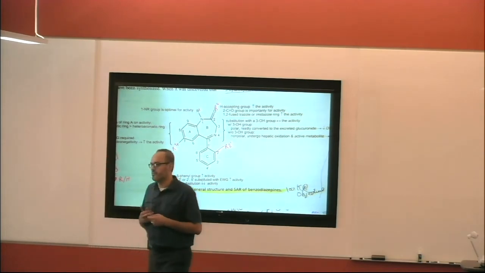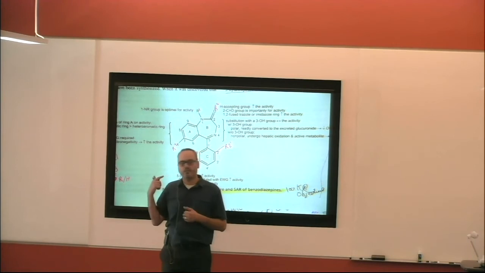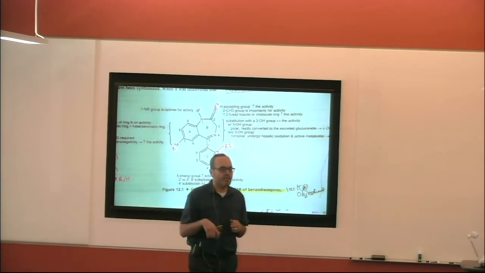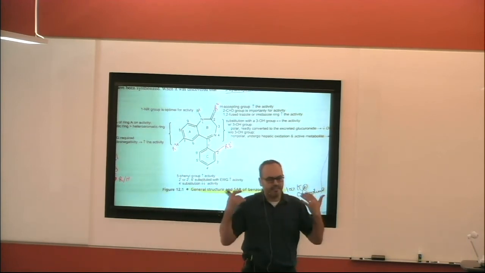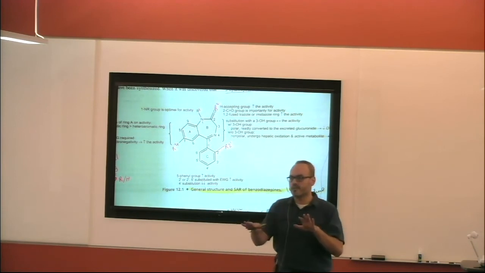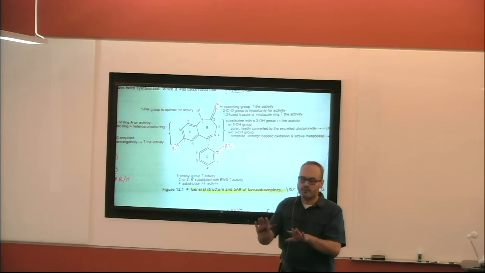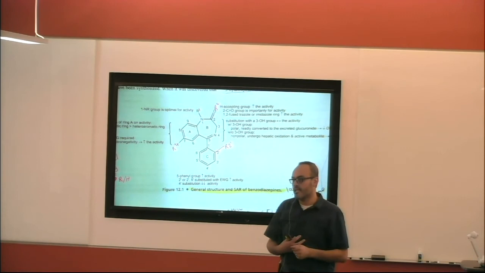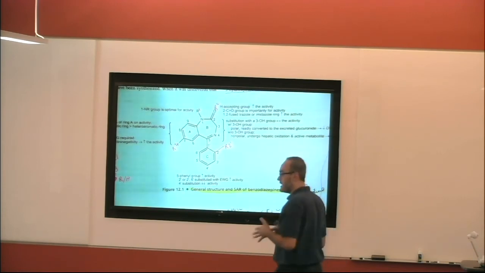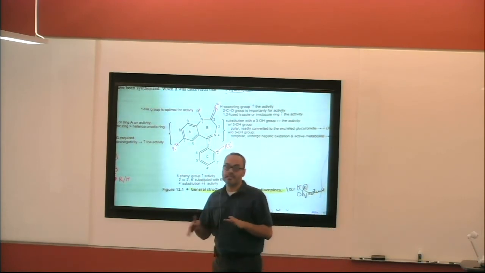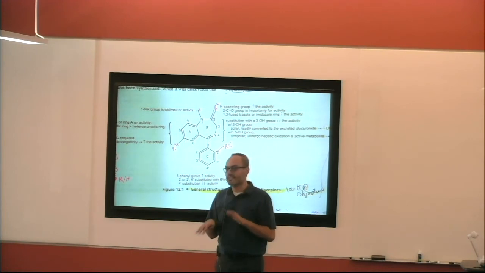In fact, a long time ago, last year in class, someone was asking me, why don't we give the mu agonist combined with the kappa agonist? This way you cancel the euphoria with dysphoria, you get them to neutral, and then you get the analgesic effect. In theory, it looks great, but apparently the dysphoria and euphoria don't cancel each other.